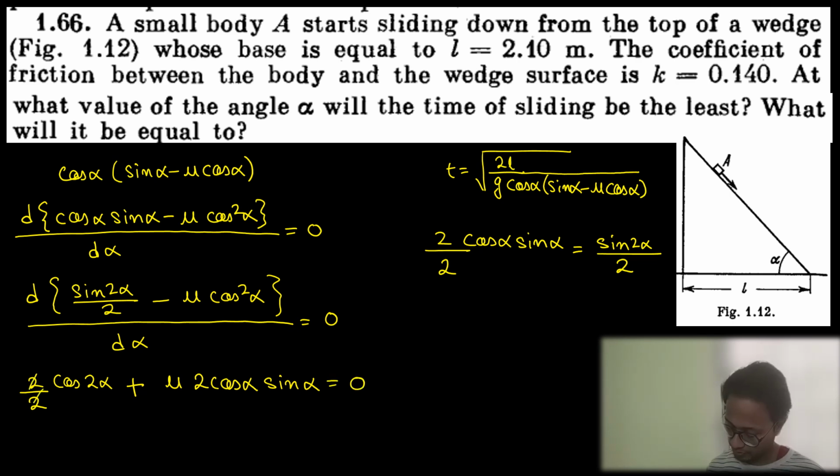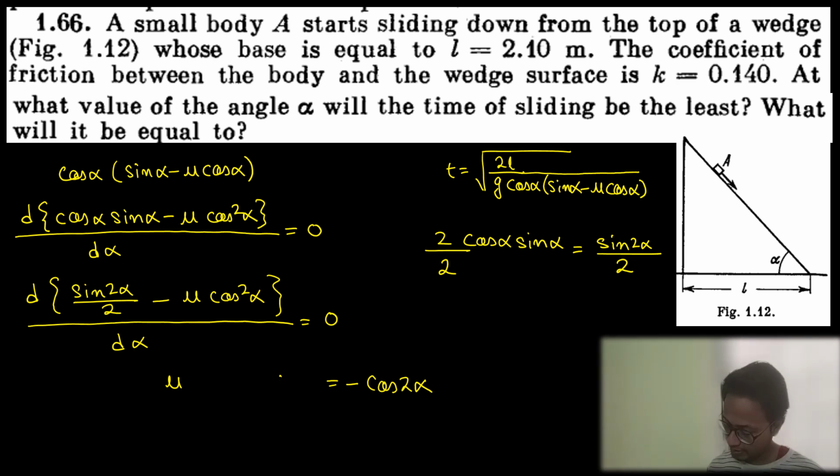So out here, 2 and 2 get cancelled. Can I take this cos 2 alpha to the right hand side? Of course. So out here it would be minus of cos 2 alpha. 2 cos alpha sin alpha is nothing but sin 2 alpha.